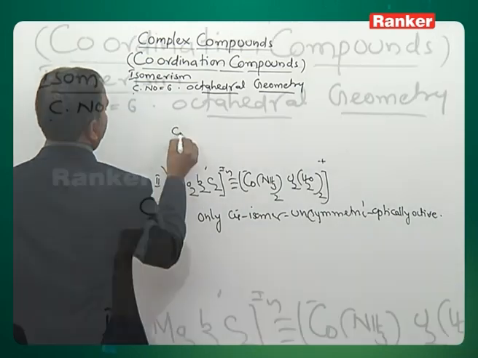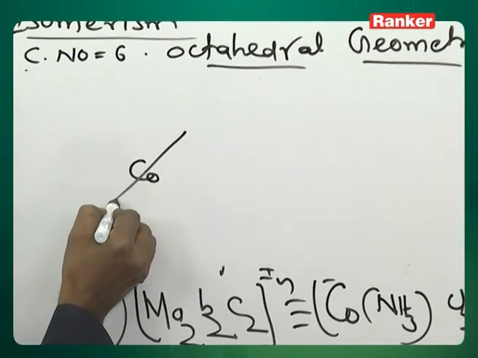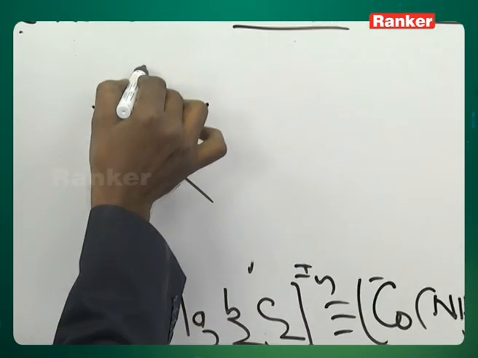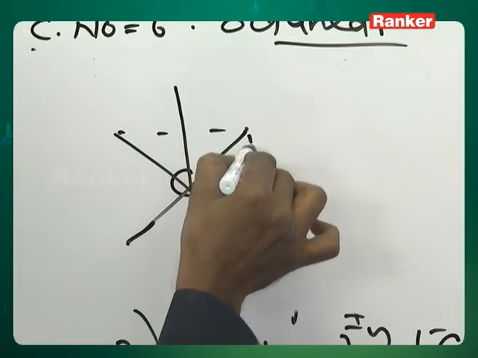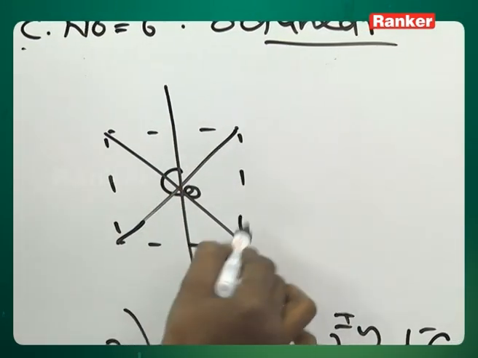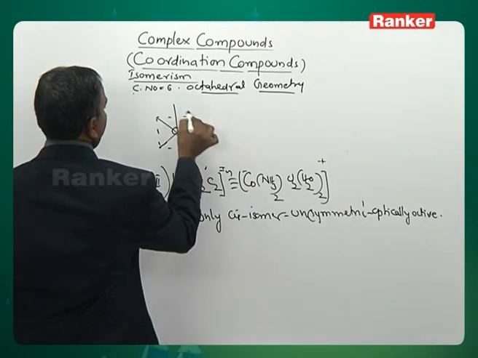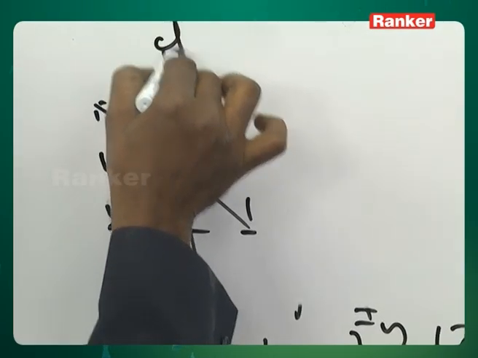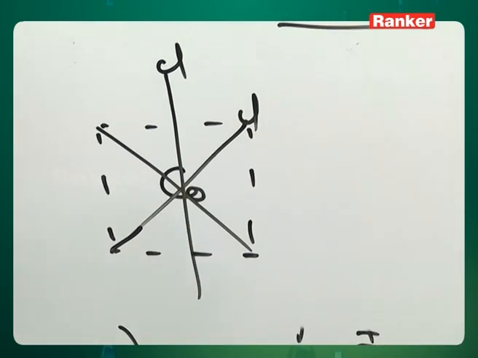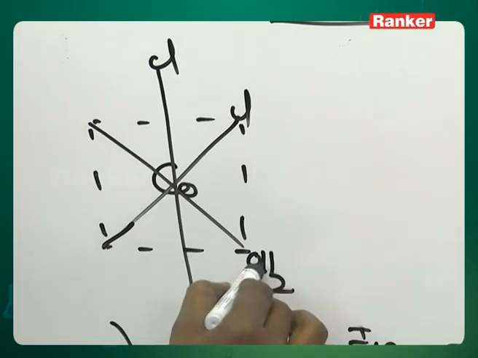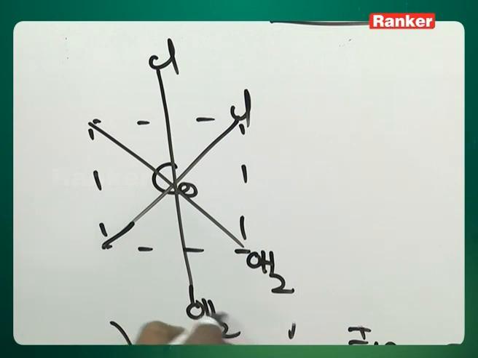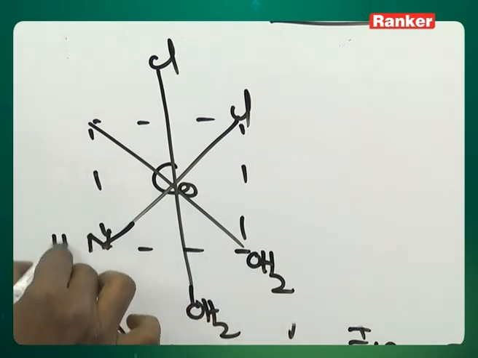Take Co, octahedral, with Cl and Cl cis, and aqua, amine.